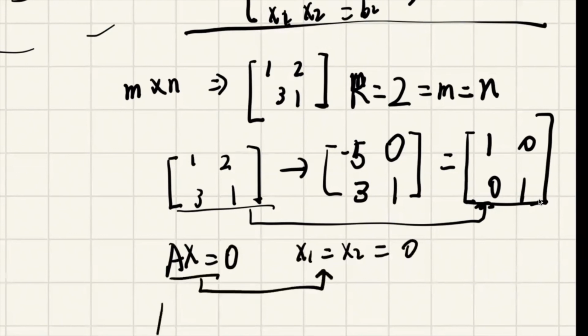And for Ax equals b, since there are 2 variables and 2 equations, we can always get a specific x1, x2. So there is only one unique solution.